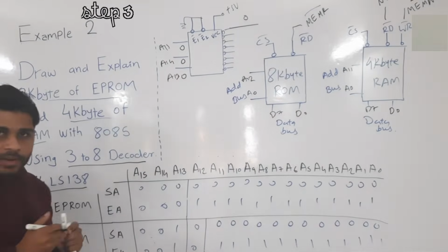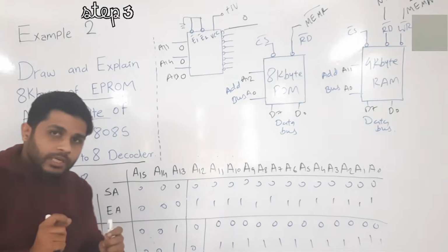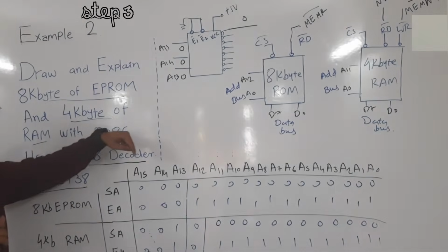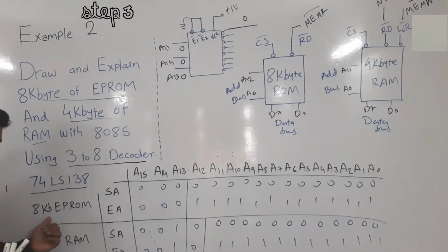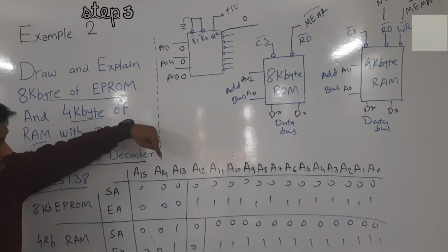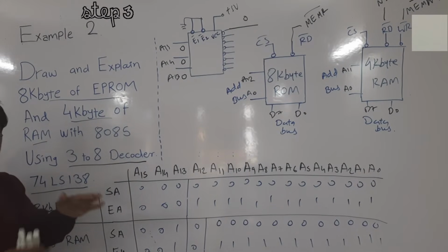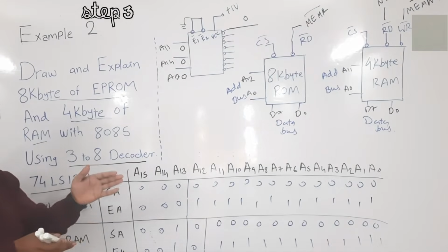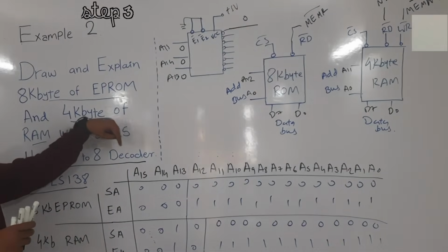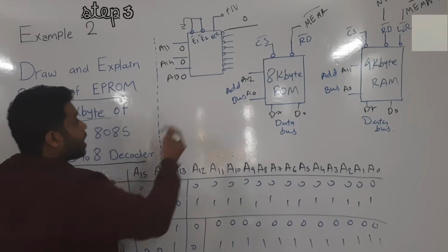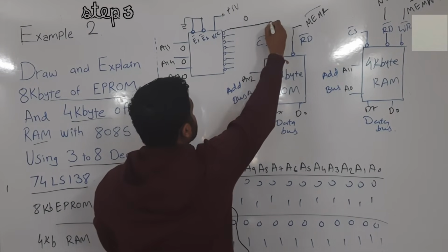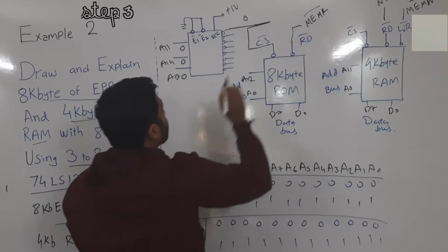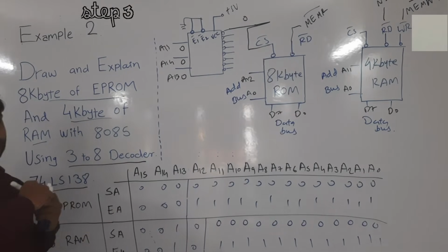Now if you see in the memory map, in which chip is the value of A13, A14 and A15 0, 0, 0? For the 8 KB EEPROM, the value of A13, A14 and A15 is 0, 0, 0 throughout the range. It means when the value of A13, A14, A15 is 0, 0, 0, the output should be connected to the chip select of the 8K byte EEPROM.